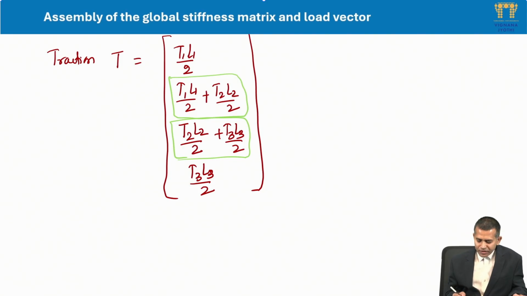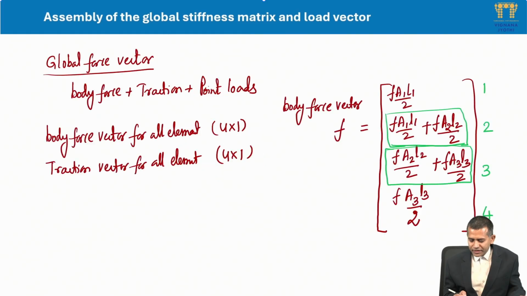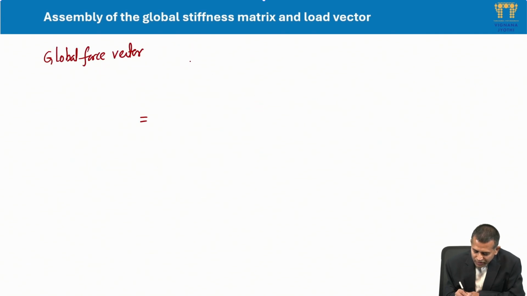Now if you want to write the complete global force vector, you can add together what we have computed for the body forces as well as the tractions. If you add them, you will get both values, right? That means we have F A1 L1 by 2, this is because of body force, and you have traction T1 L1 by 2.